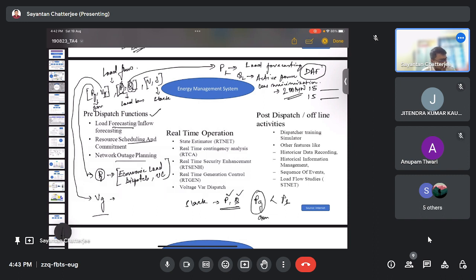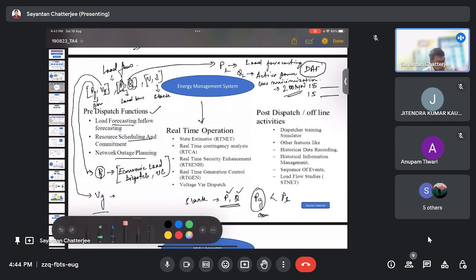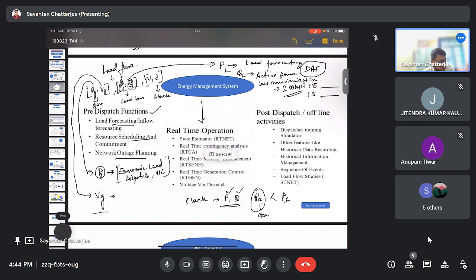As a part of the energy management system, these are pre-dispatch functions. Then we have the real-time operations, where we first need to perform the state estimation, which allows the operators to have a clear picture of the working state of the system, that is, all bus voltage magnitudes and phase angles. Based on that, contingency analysis and security assessment are performed.